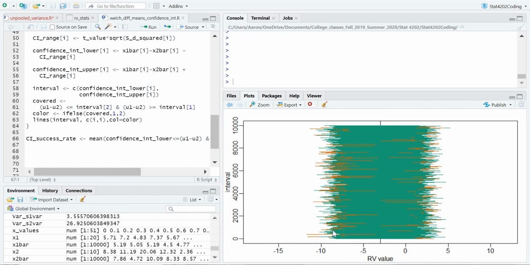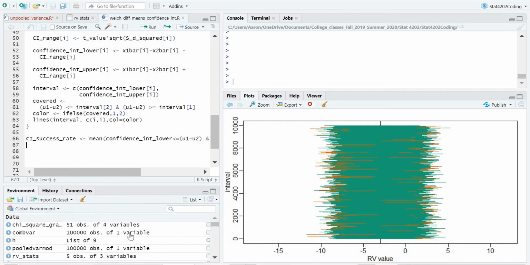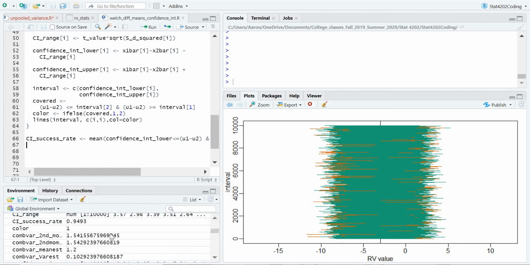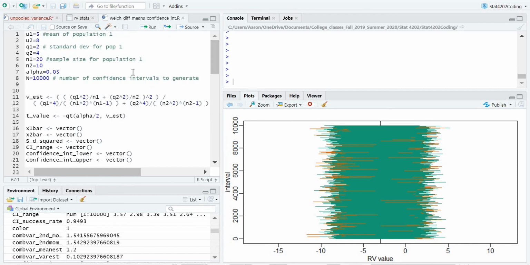The green confidence intervals are the Welch's t-test derived confidence intervals that successfully captured the true difference in means, whereas the red ones are the ones that didn't. And we can see that our confidence interval success rate was 0.9493, which is just about equal to our 1 minus alpha, 95%.